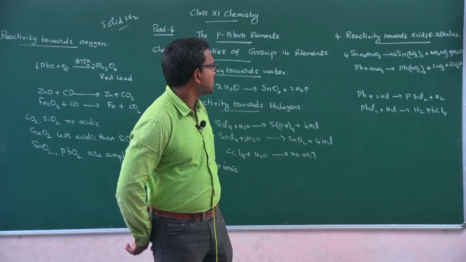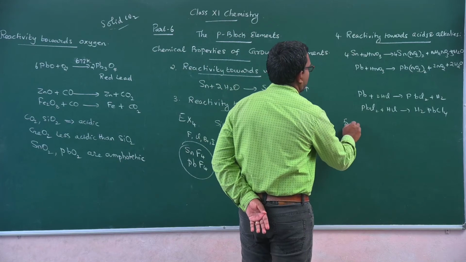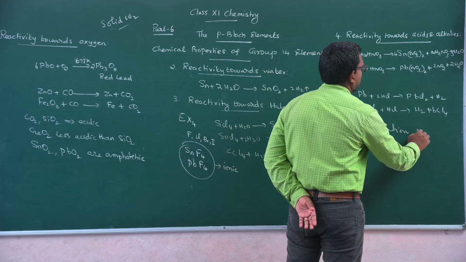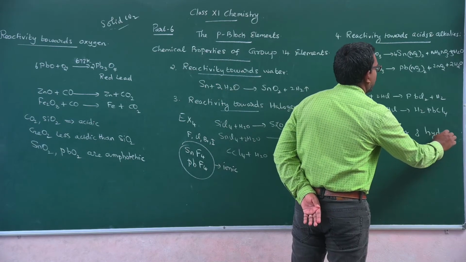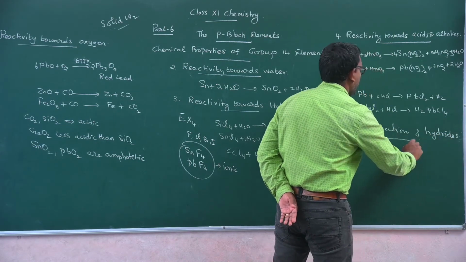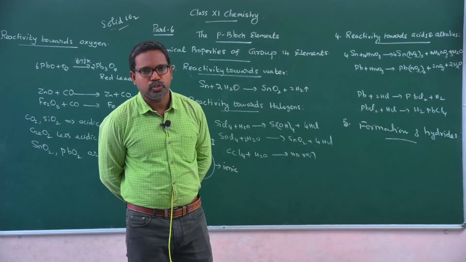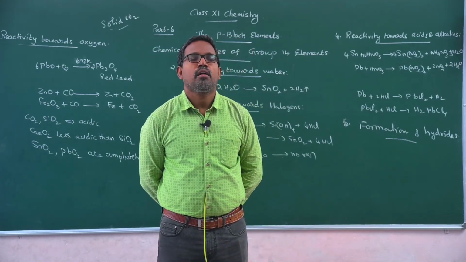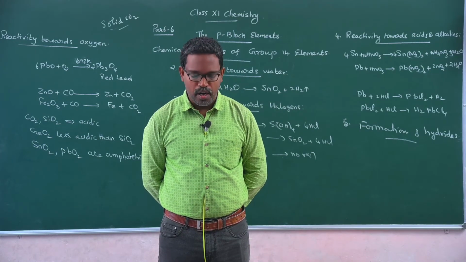The fifth point is formation of hydrides. Hydride formation is a peculiar characteristic property of group 14 elements. The majority of hydrocarbons are obtained from carbon in the form of hydrides.